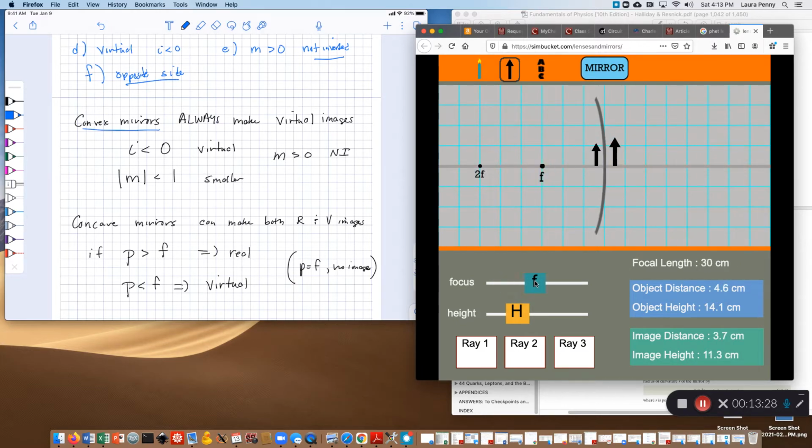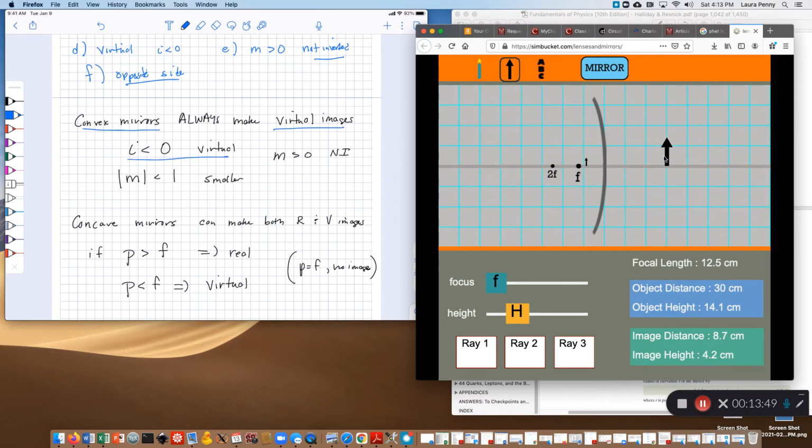I can change my focal length here, and again, I can't ever get anything but a virtual image. My image is always on the opposite side here. So no matter what focal length, I always have a virtual image.